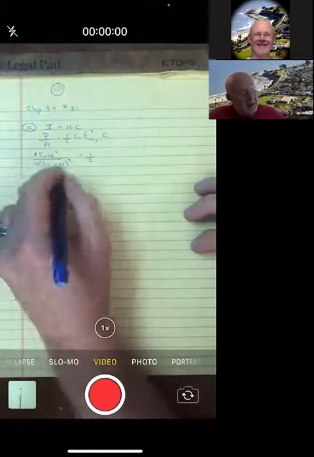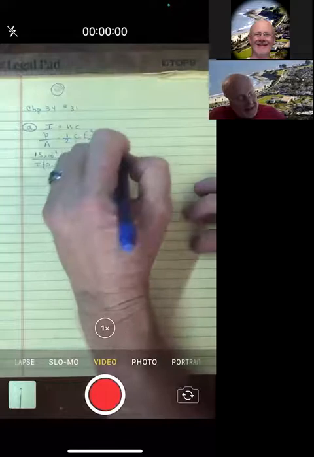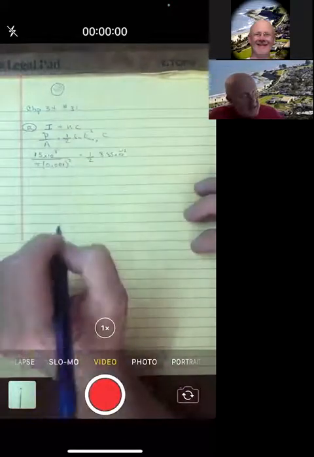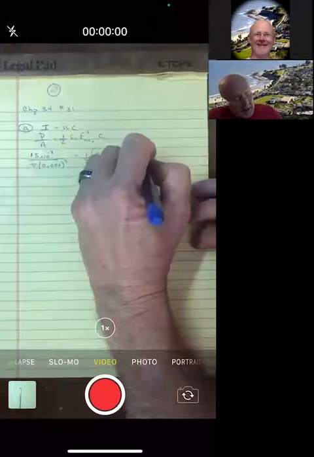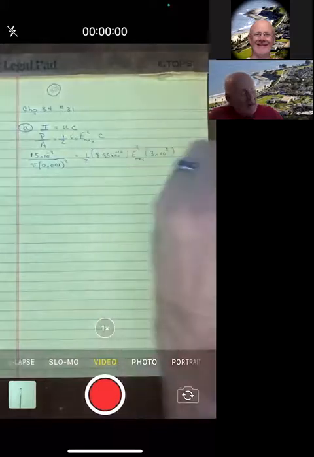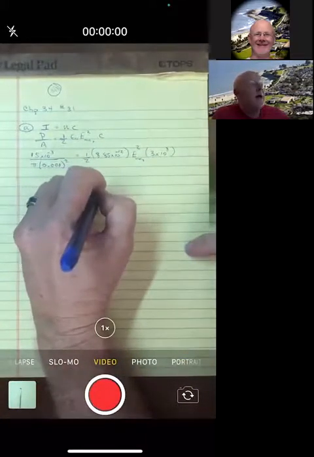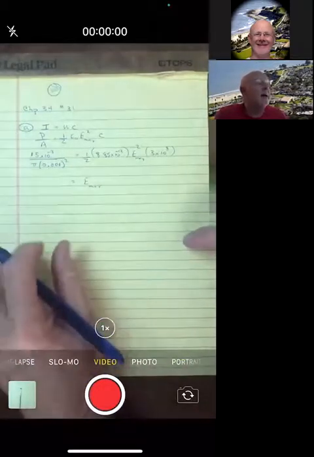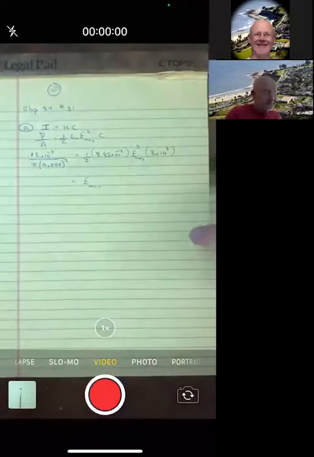So there's the intensity. As we put in the permittivity of free space, we can then have everything except for the value of the electric field. So that is the question at hand. What is the maximum electric field of this laser?